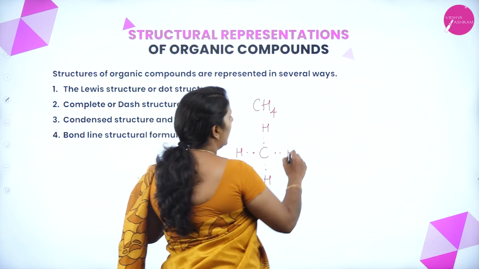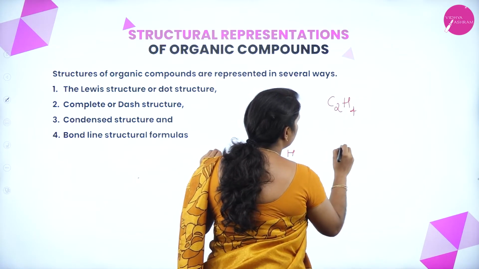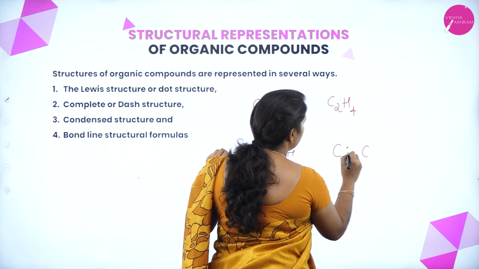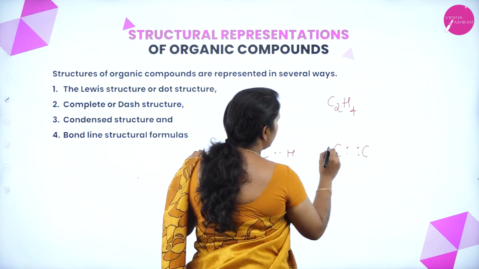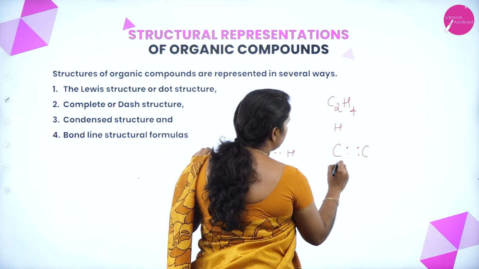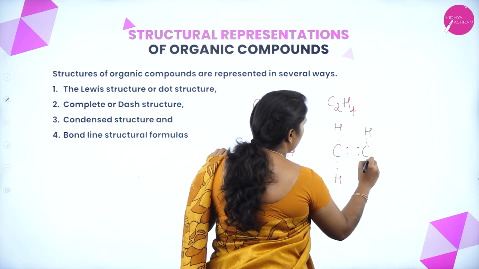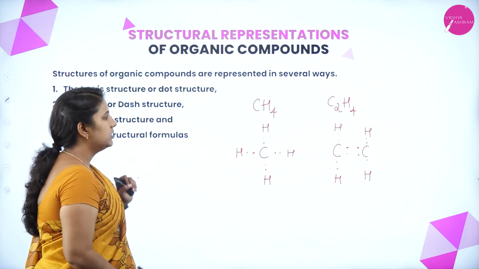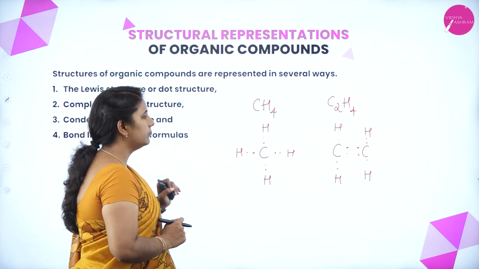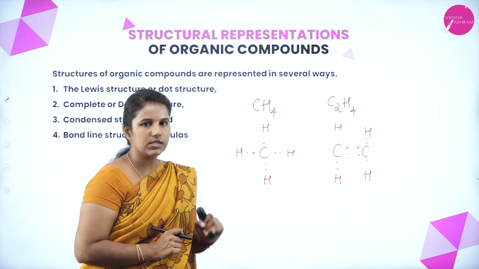I'll go with the alkene now, that is C2H4. So 2 electrons, and also it has been shared by hydrogens. This is how we can show how the double bond looks in the Lewis dot structure.